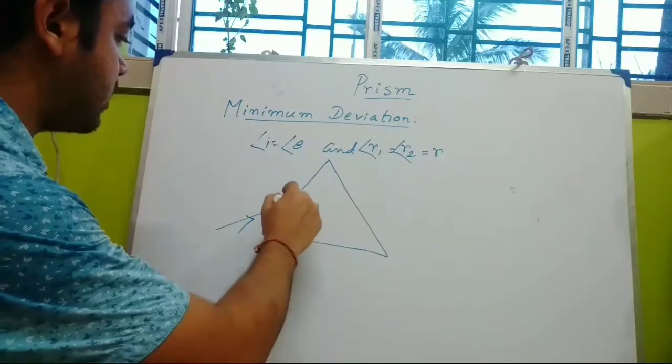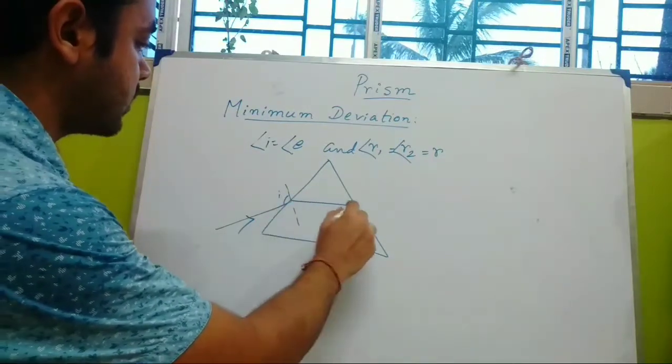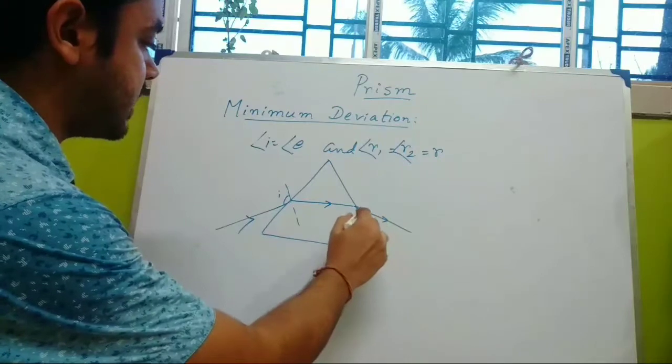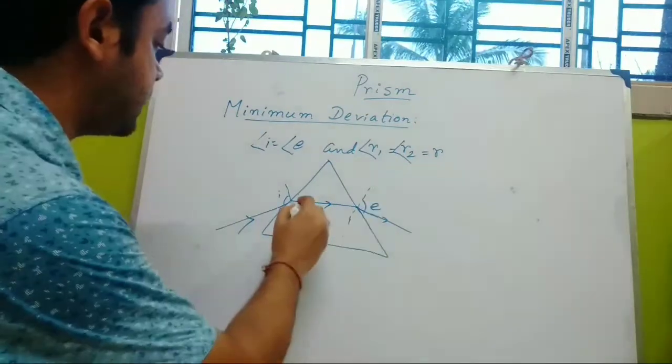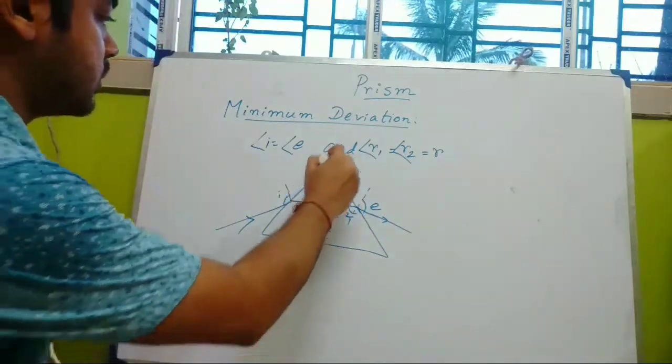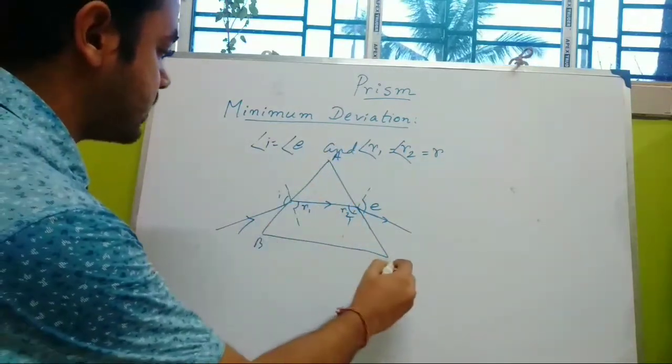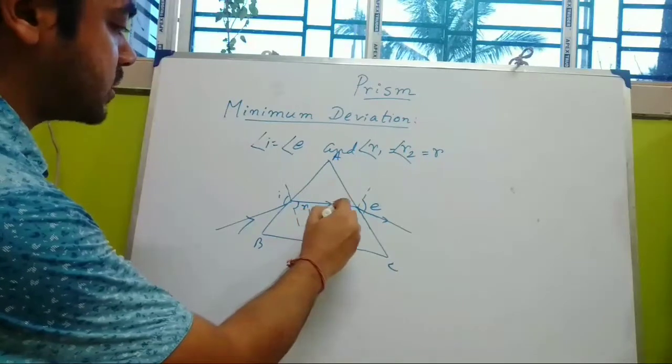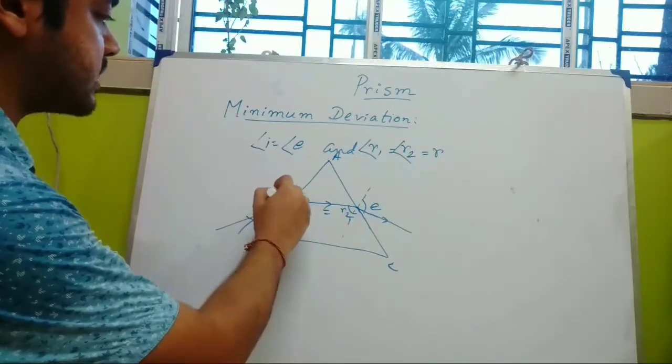This is the angle of incidence. This is the angle of emergent, and this angle is R1 and this angle is R2. This is ABC.